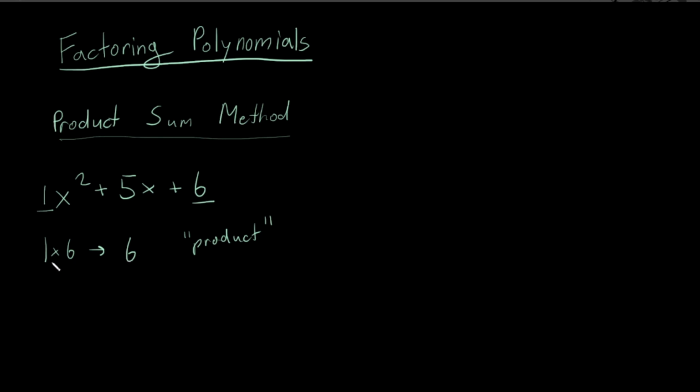Now, for our product, we need to find factors of this product such that when added together, they equal the middle term. So we'd have to find factors that equal the middle term.